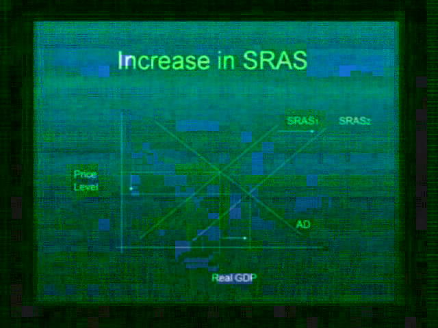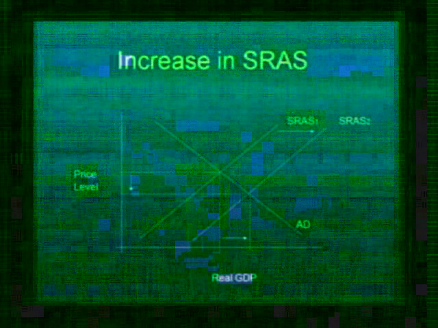On the other side, what would happen if we had an increase in aggregate supply? This could take place because wage rates have decreased, which is unlikely, or that productivity has increased. We've implemented some sort of technology which causes each and every worker to be able to produce more, or raw materials have gone down in price.